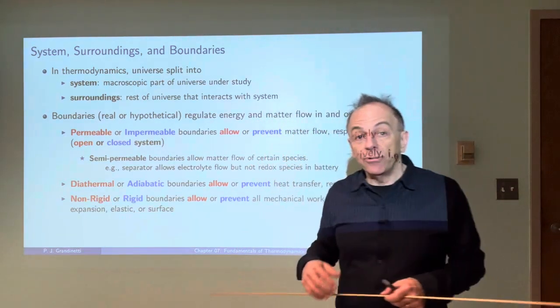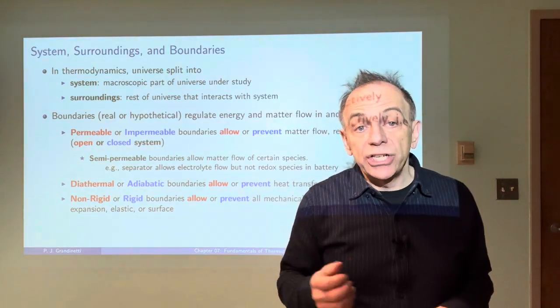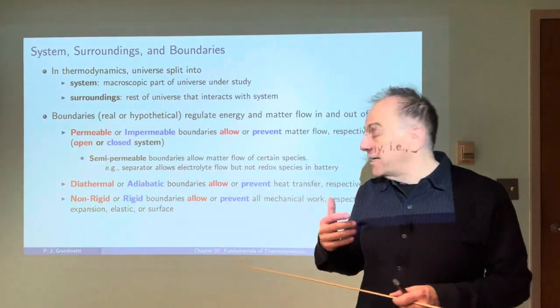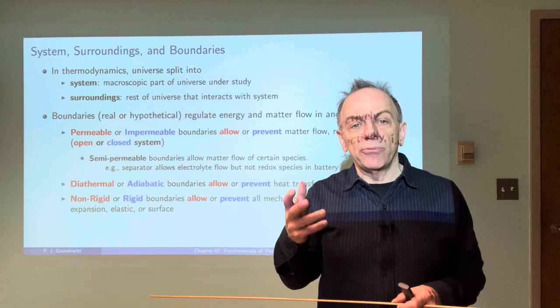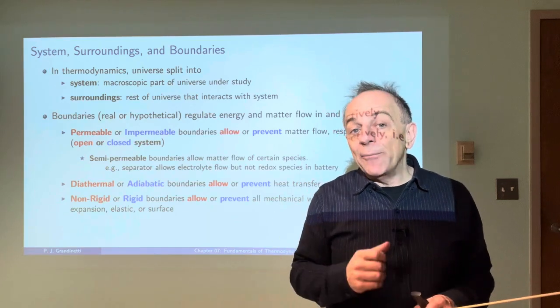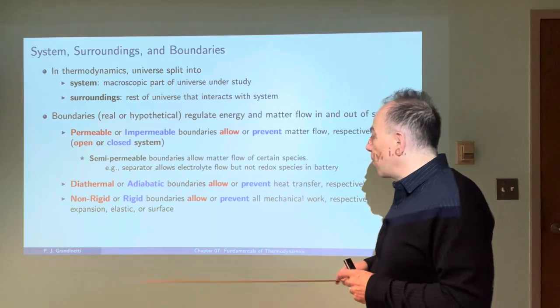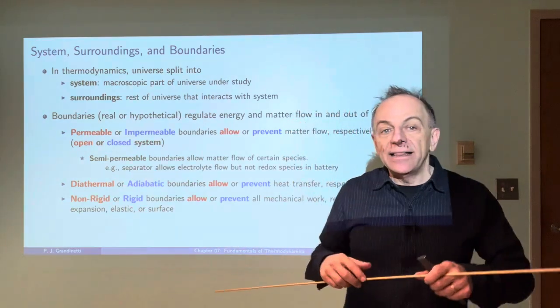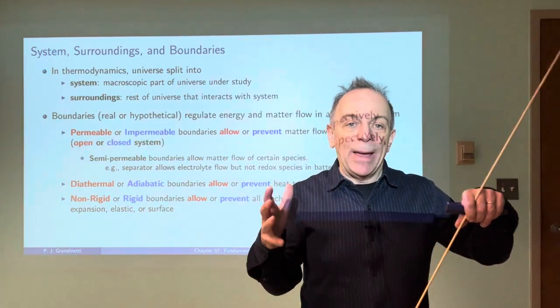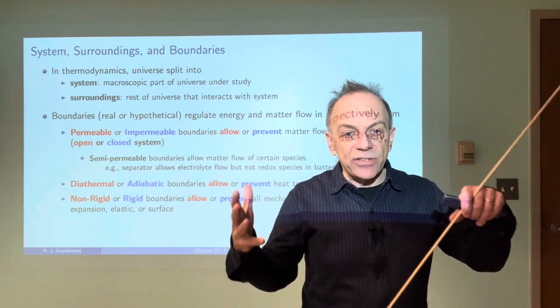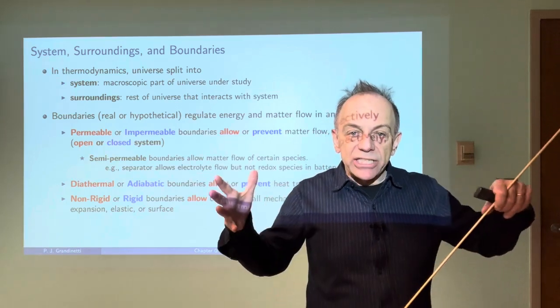Another pair of adjectives that we'll use is non-rigid or rigid. And this is defined particularly with regard to the possibility of mechanical work being done on the system or by the system. So when we have a rigid boundary, that means that the system is not able to expand. The volume can't increase, the surface area can't change, it can't change its length.